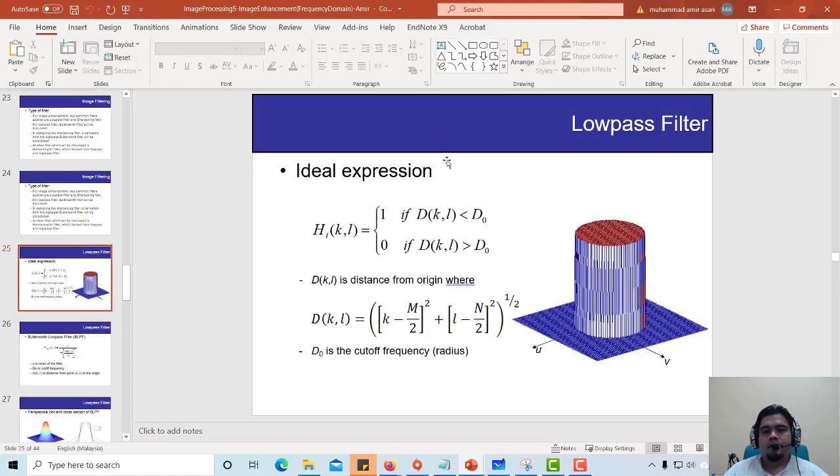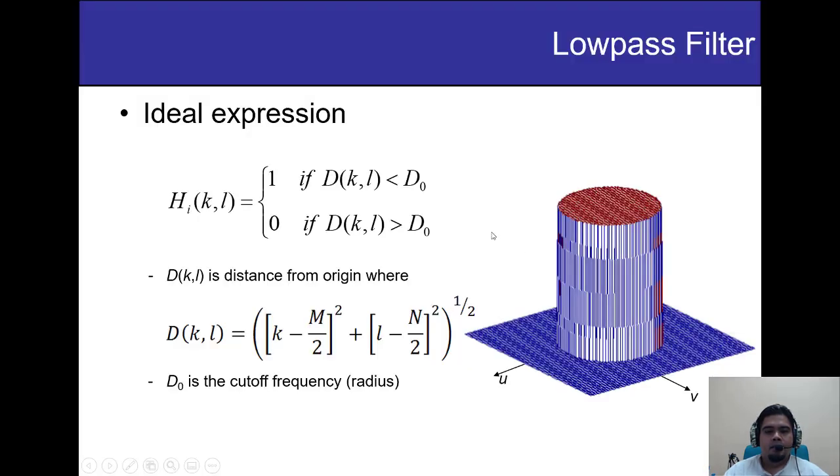This is actually a stem function representation, a 3D representation of your image. If you draw this image in matrix form, it should look like this. That is not displayed here. Your image will look like this.